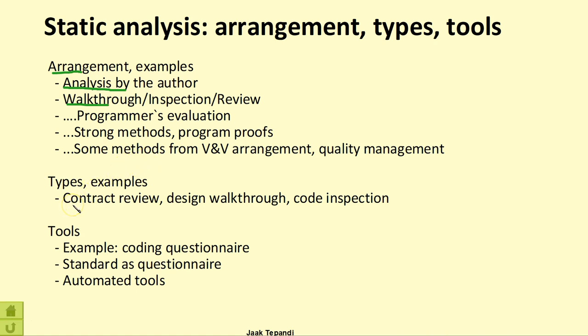There are different types of static analysis, such as contract review, design walkthrough, code inspection, and others. We will have a look at the walkthrough and different tools such as questionnaires, standards, automated tools.